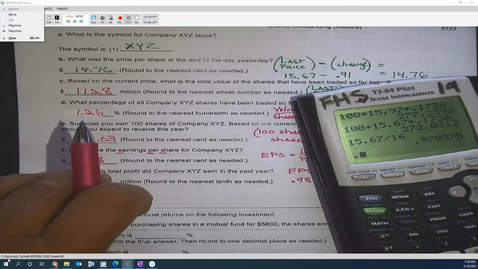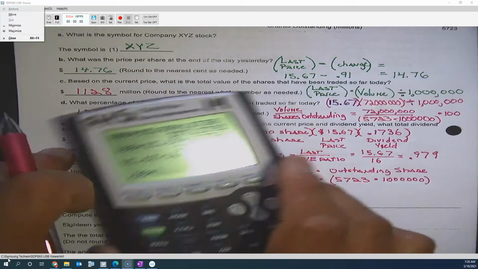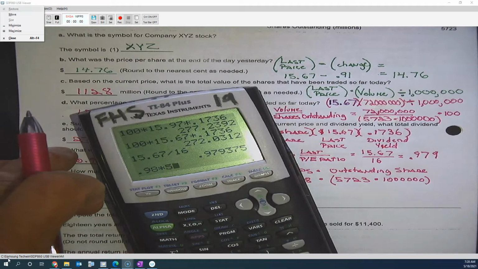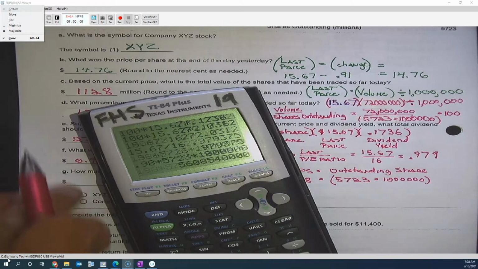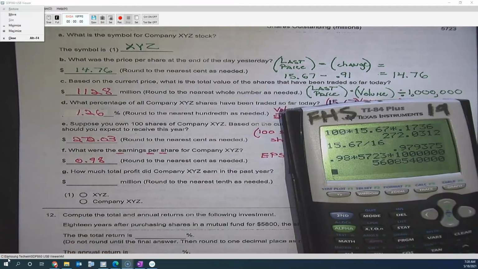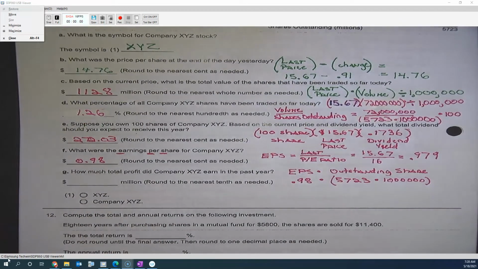Okay, so 0.98 times 5723 times 1, 1, 2, 3, 4, 5, 6. And then what you got to do is divide that by 1 million.